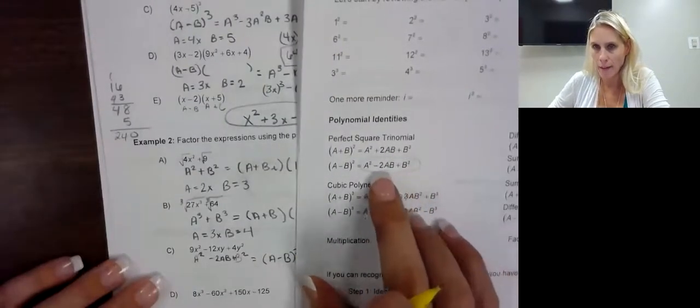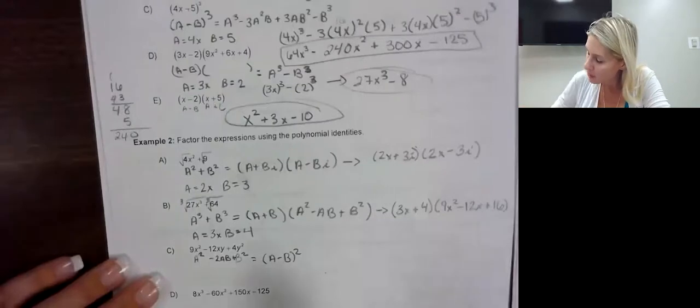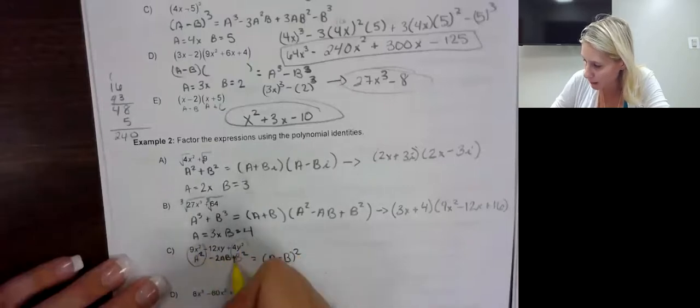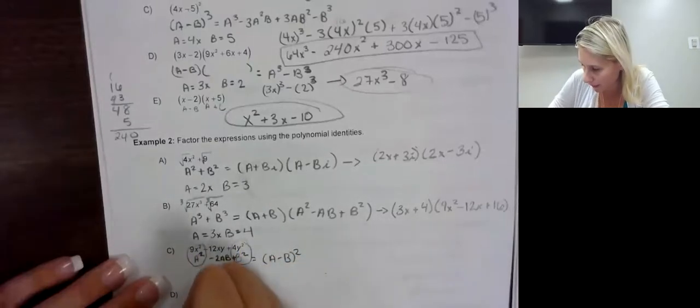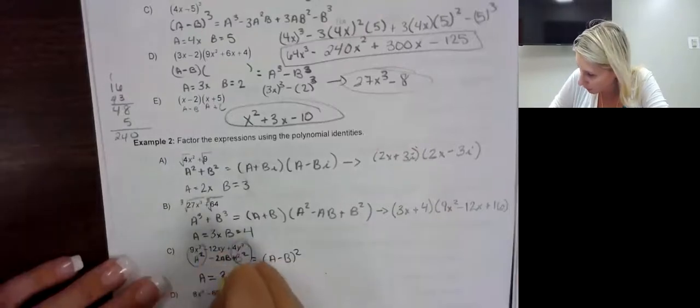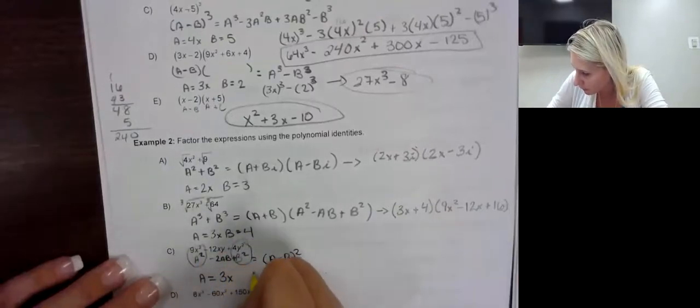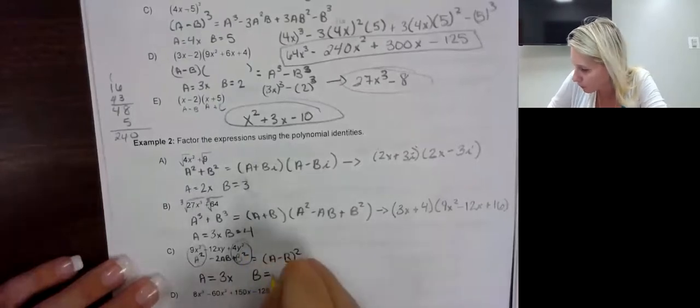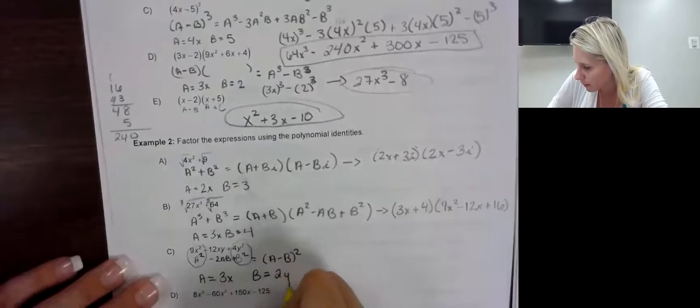This is what I have. This is what I should get. So really what I just need is that A and B. And again, this is A squared, this is B squared. So how do I get A? I take the square root of that number. So this would be 3x. And the square root of that B term, or that last term right there, the square root would be 2y.